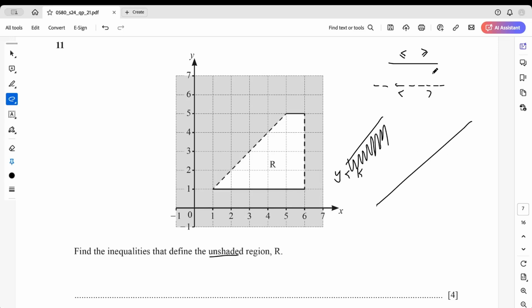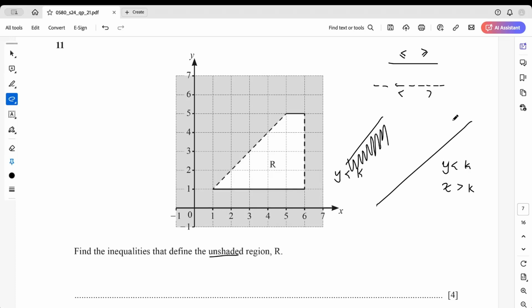In other words, if I have a random line, this part can be represented by y less than something, because imagine a random horizontal line, and y is below this point. Or it can be used to represent x is more than something, and this something is the equation of this line.